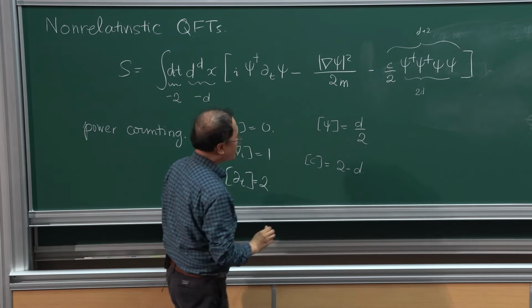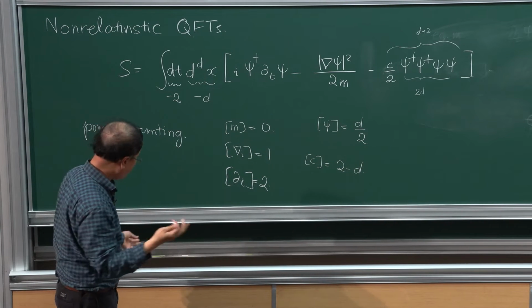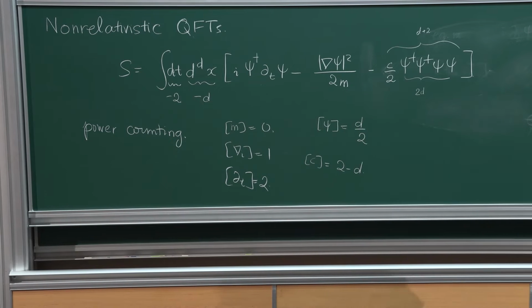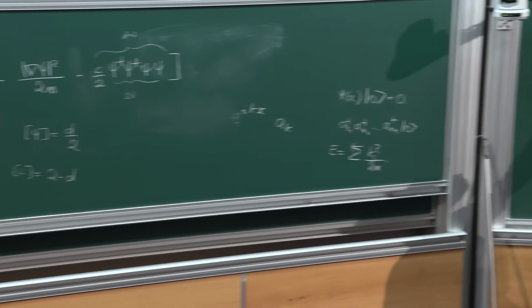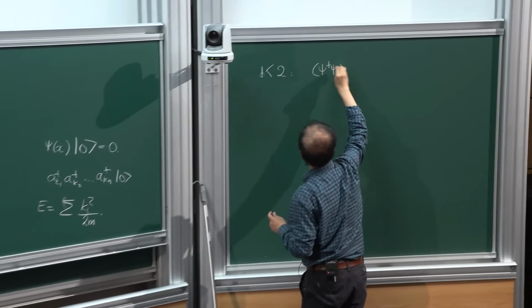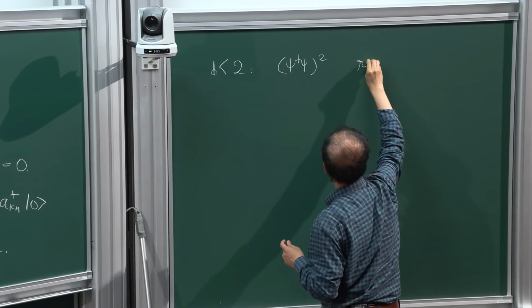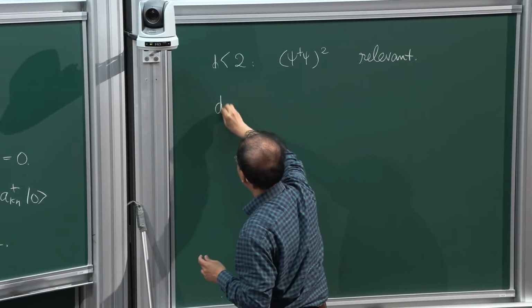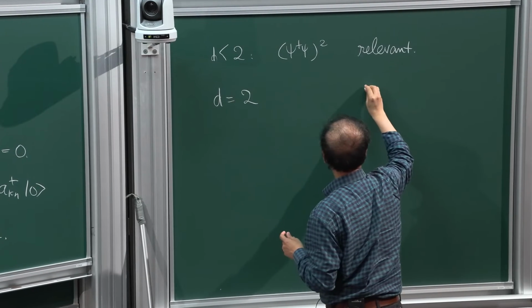From that we find that this theory, the 4-point interaction, behaves differently when the dimension of space is less than 2 or bigger than 2. And there is a marginal case of d equal to 2. If d is less than 2, then the (psi dagger psi)^2 term is relevant. If d is equal to 2, this term is marginal.